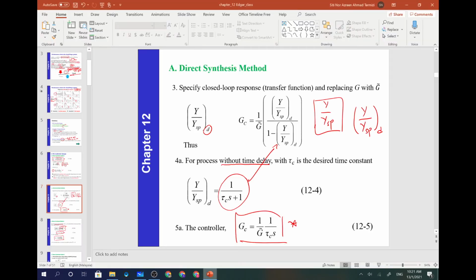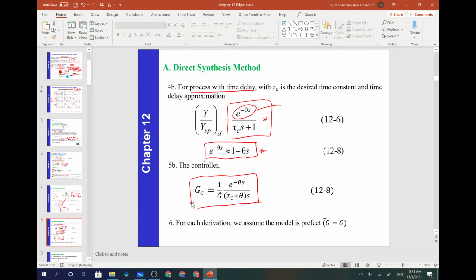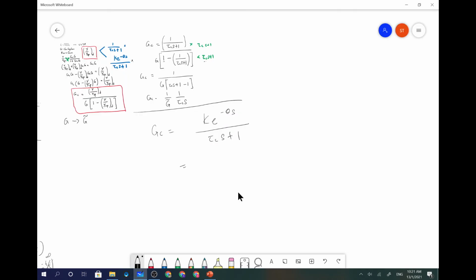Sorry that I have to go back to this slide because I don't remember. There is no K because K is equal to 1 here, so you just remove it. Don't get confused, it's just the K value.